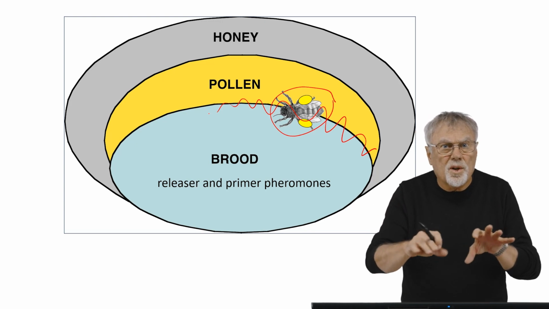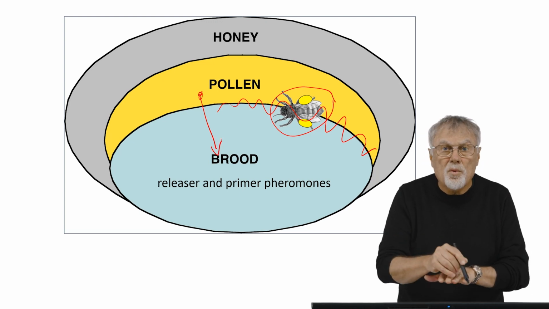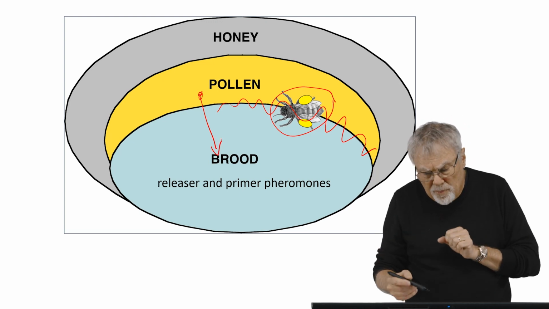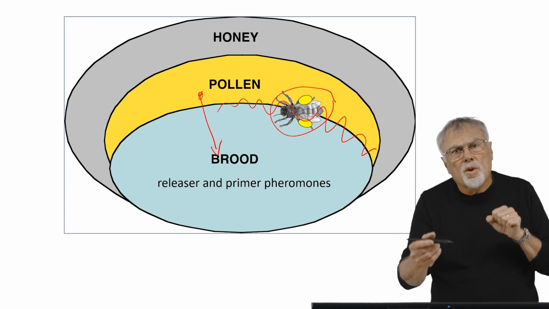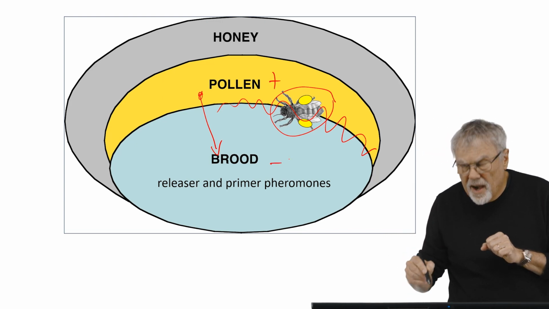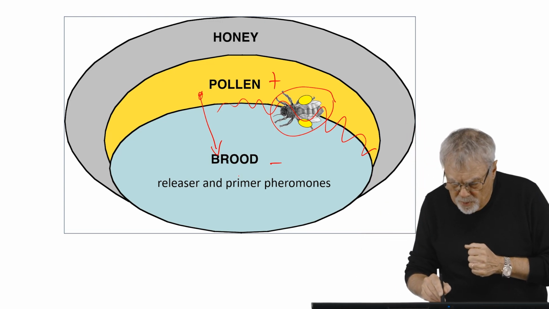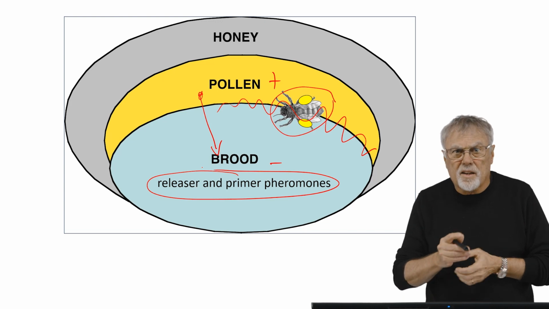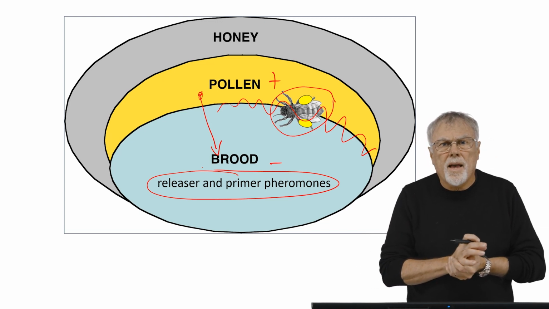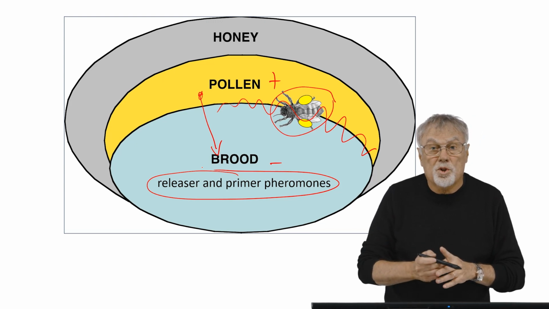Those cells are probably cells that have been consumed and fed to the brood at some point, so they're replenishing those. So they have an opportunity to come into contact with both the brood and the pollen stimulus, the plus and the minus stimuli for pollen foraging. Brood has two effects. It's both a releaser and a primer of pollen foraging behavior.